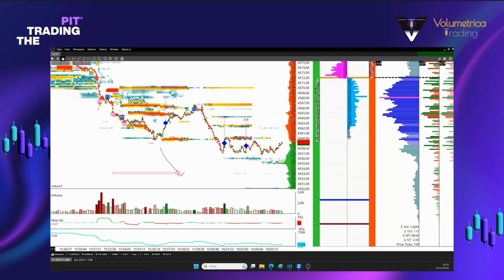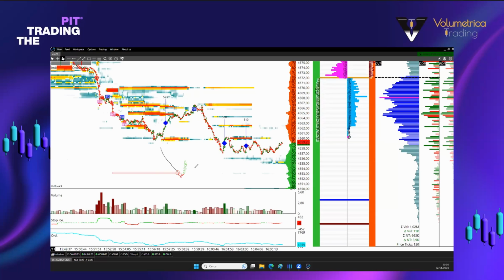Price goes slightly beyond, but then once it gets beyond, suddenly red bubbles become very, very tiny. Price starts to bounce and it comes back with green bubbles becoming always stronger.